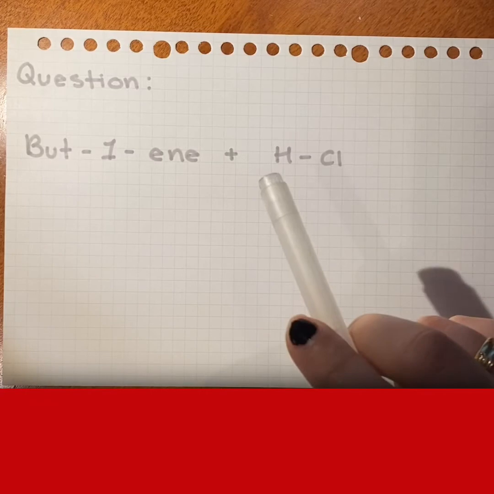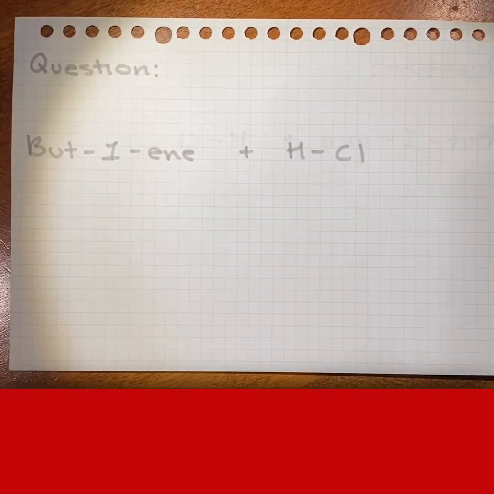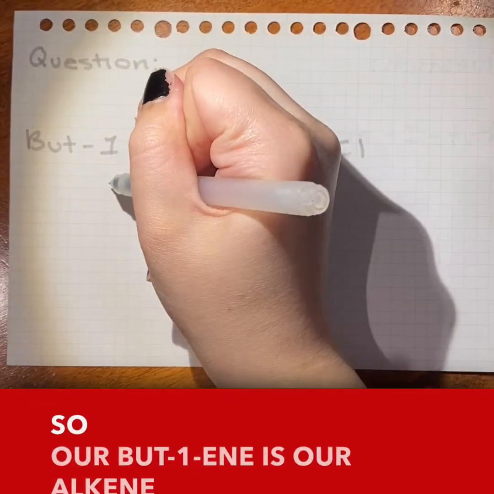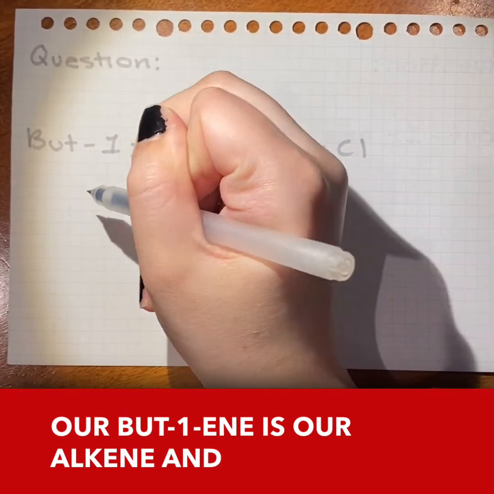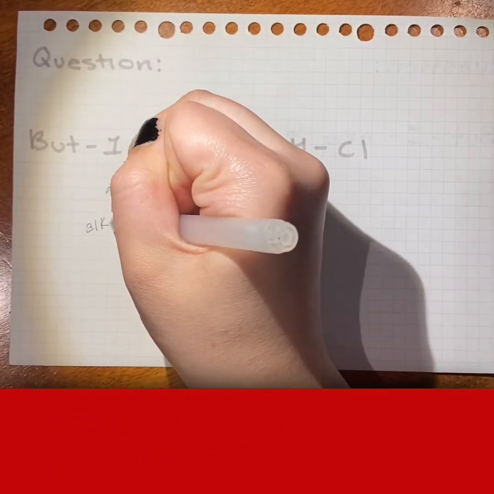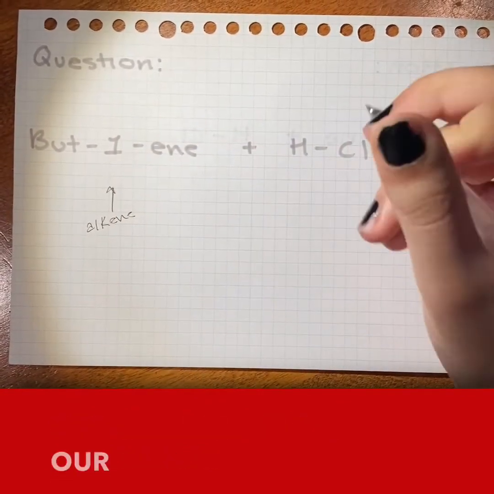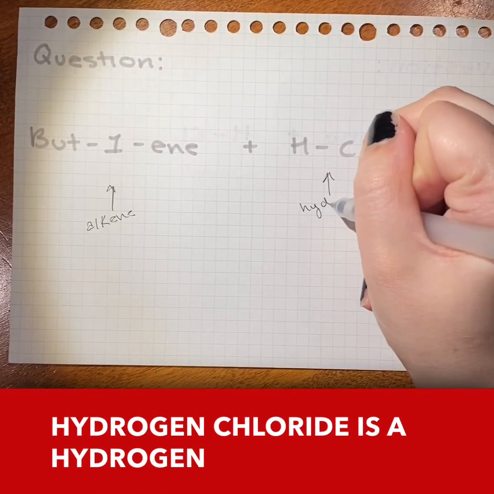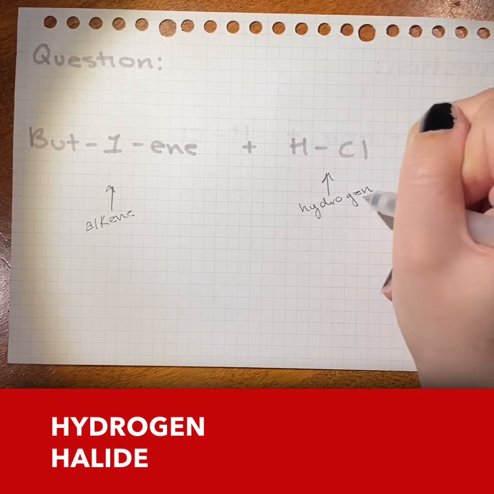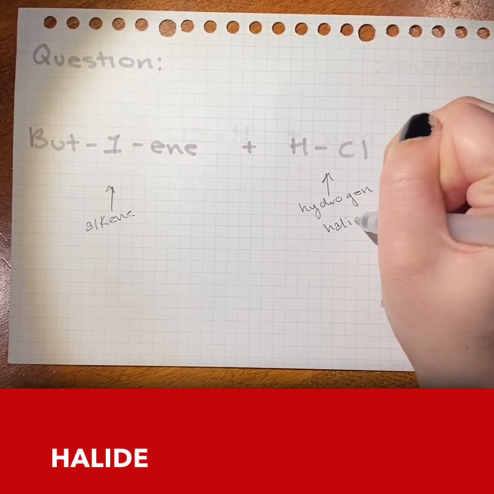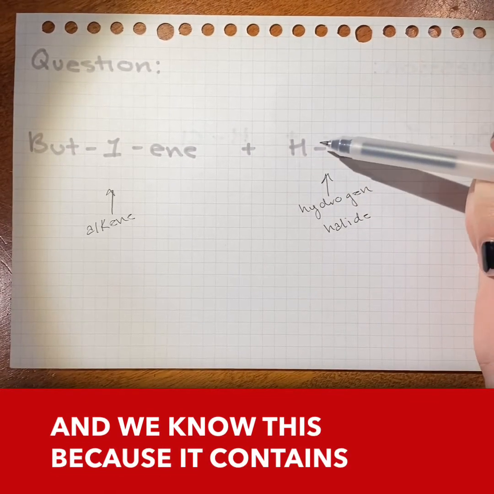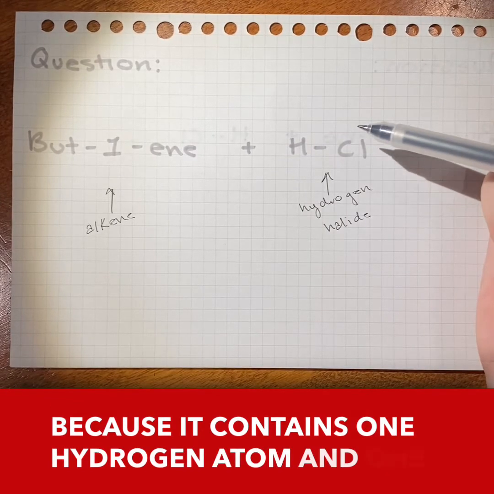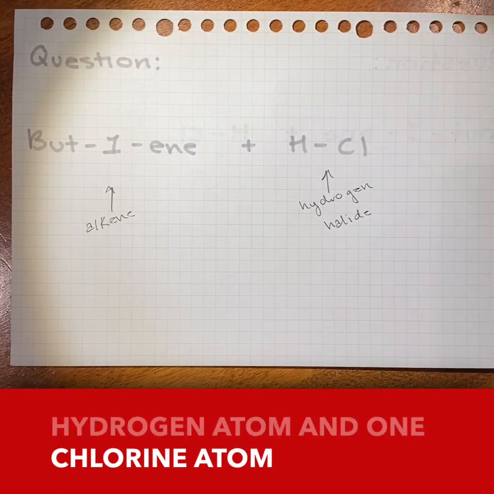So first we must identify each reactant. So our but-1-ene is our alkene, and our 1 mole of hydrogen chloride is a hydrogen halide. And we know this because it contains 1 hydrogen atom and 1 chlorine atom.